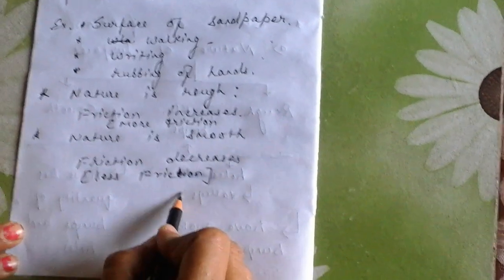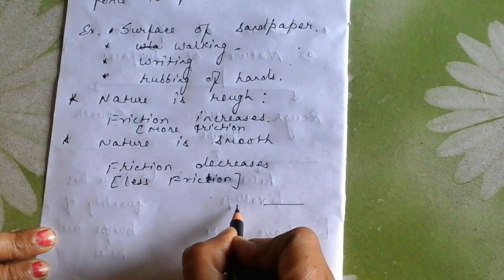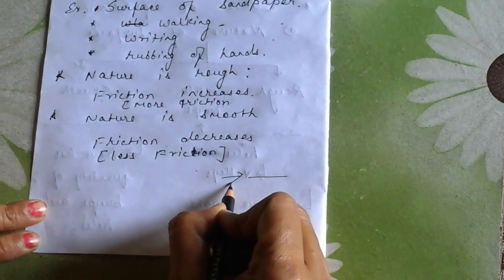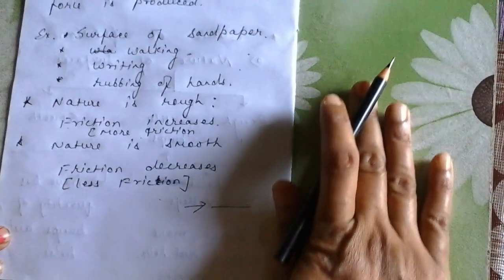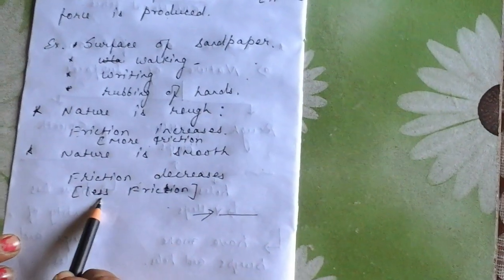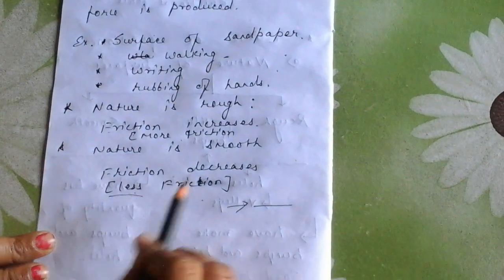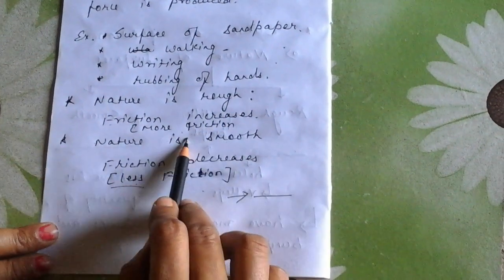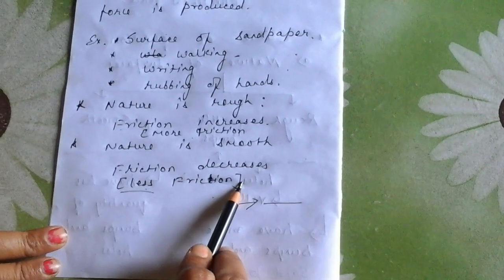To overcome the interlocking, if more force is required, that means friction is more, and if less force is required, that means friction is less. So if the surface is rough, friction is more. If the surface is smooth, friction is less. Okay.